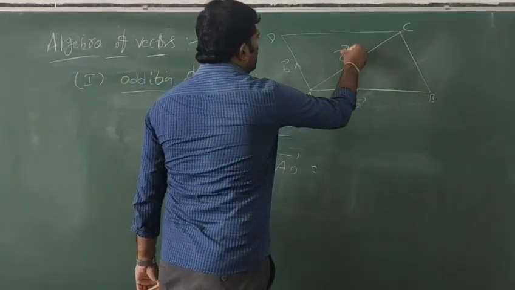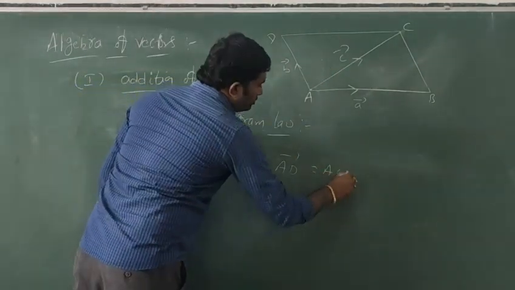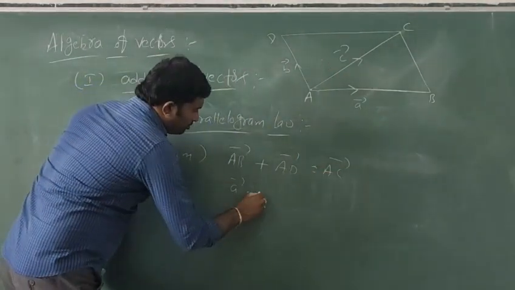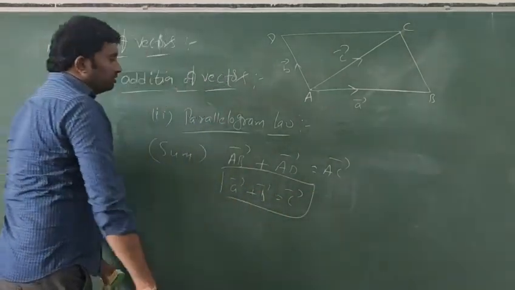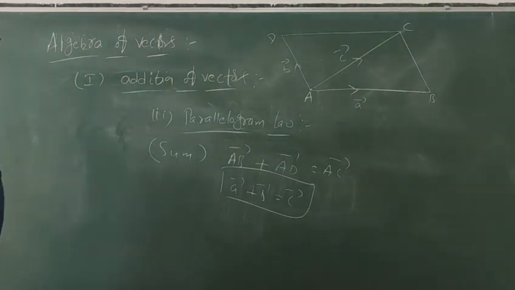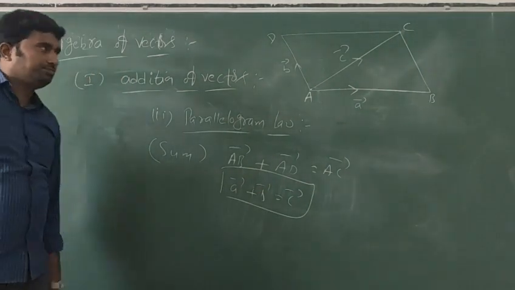Let it be C bar. Therefore, AB bar plus AD bar is equal to AC bar. That is, a bar plus b bar is equal to c bar. This is known as the parallelogram law of addition of vectors.